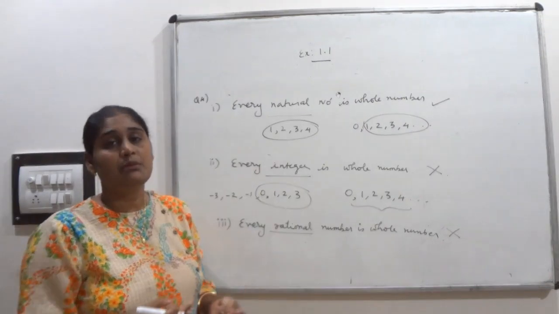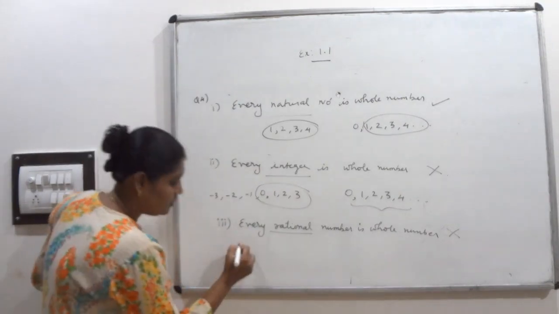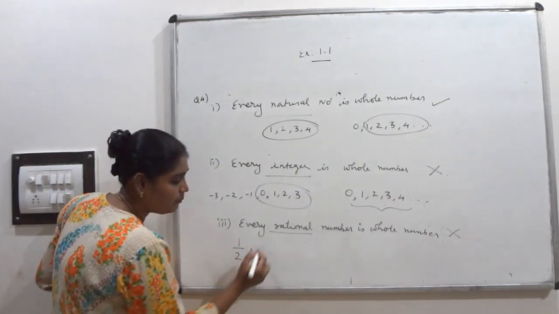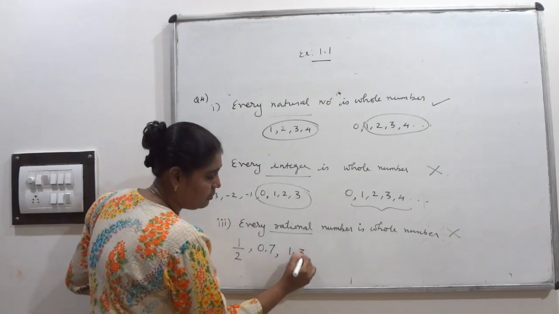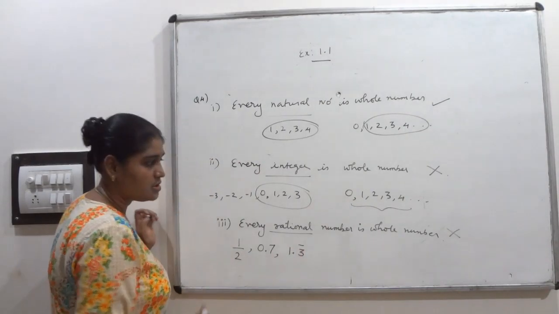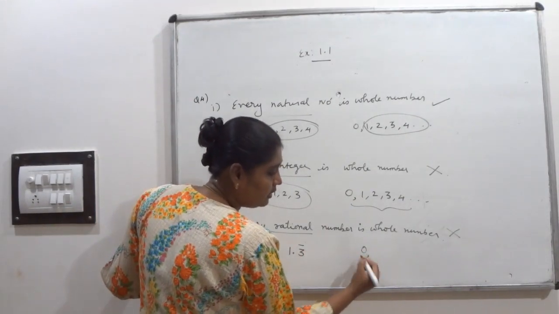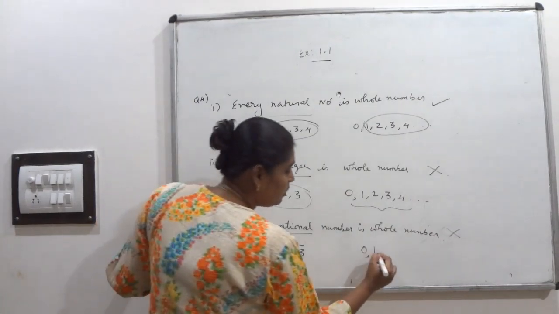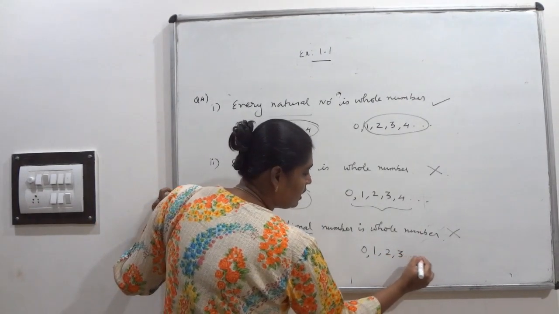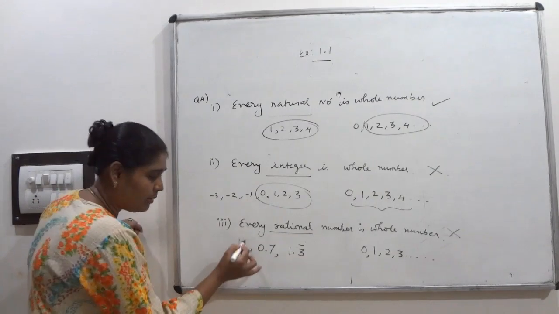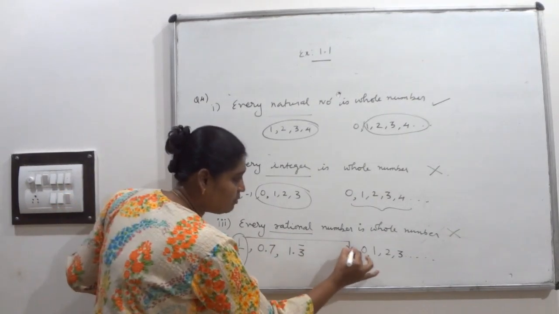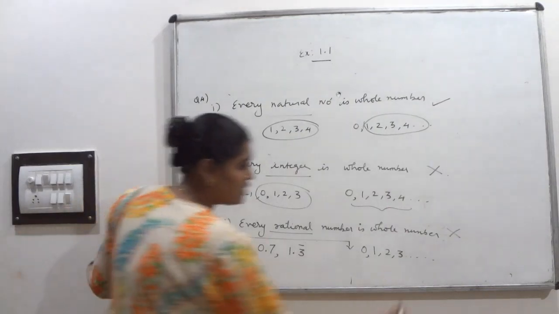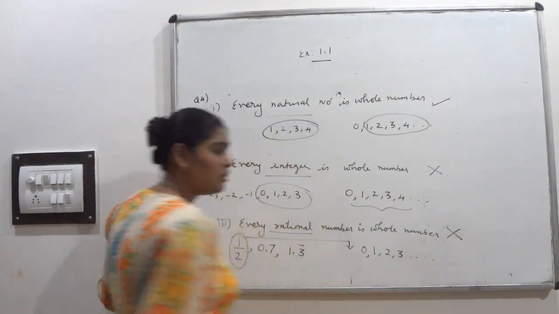Non-terminating but recurring numbers are called rational numbers. For example, I am writing 1 by 2, 0.7 or 1.3 bar. These are rational numbers. What is a whole number? You know that it is a number that starts from 0, 1, 2, 3, 4 like that and goes on. See, 1 by 2, that is a fraction number. Can you see this fraction number in whole numbers? No. That's why this statement is wrong.